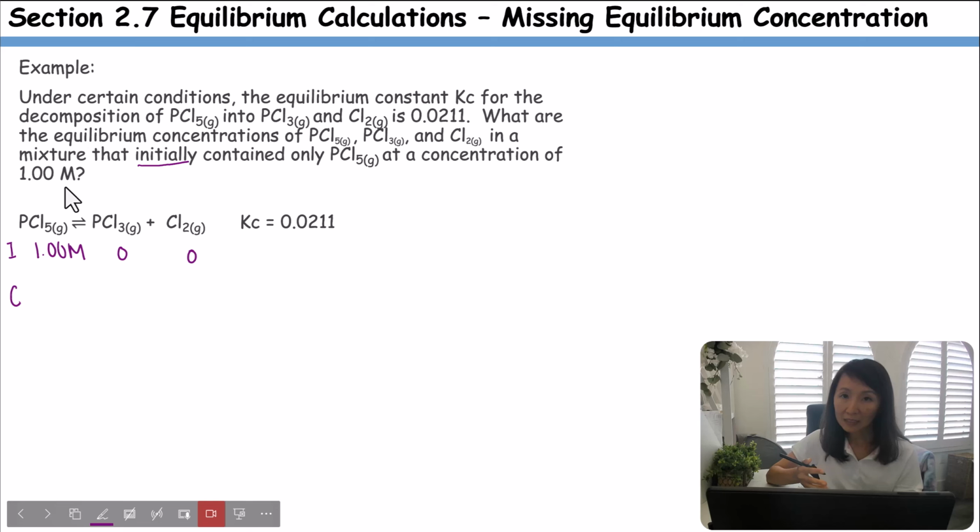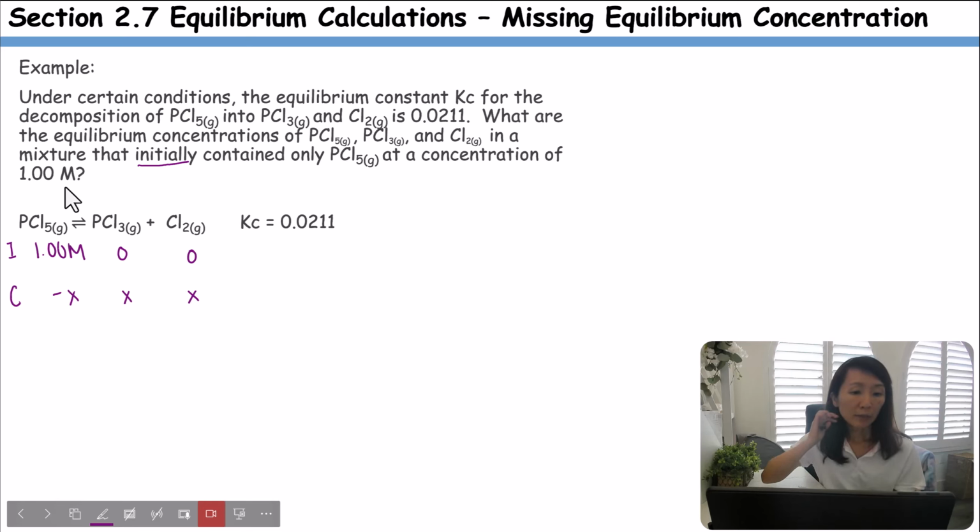As time passes, there is a change, and it will diminish the reactant by X. But for PCl3 and Cl2, it will increase by X. Since this is all a 1:1:1 ratio, that's how I know they're all X. Now, if it was a 1:2:1 ratio, then it would be negative X, 2X, and 1X.